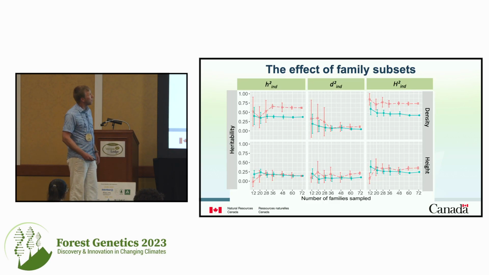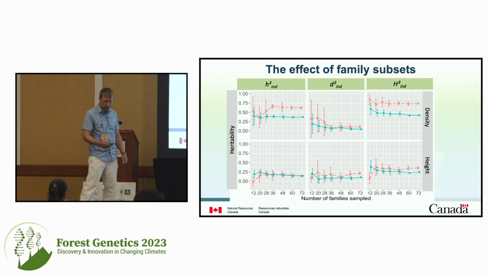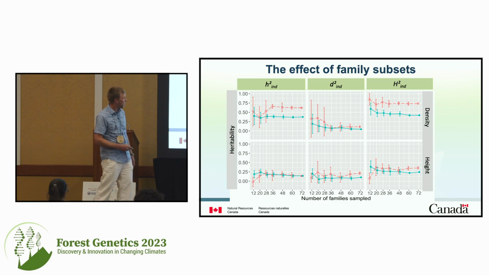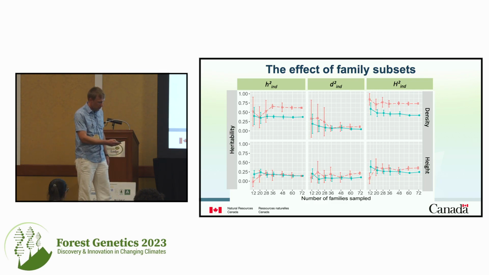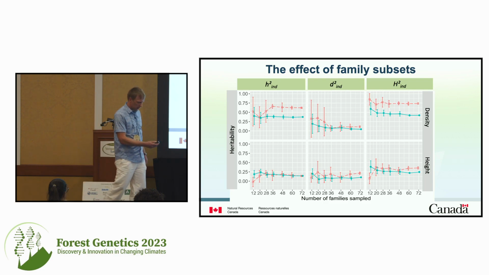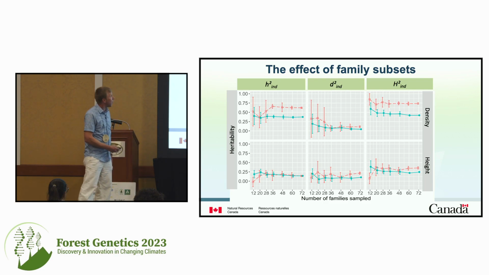What is happening when we are looking at different subsets of families? So what I'm showing here is, again, height and wood density: narrow-sense heritability, broad-sense heritability, and the dominance component here in the middle. So different subsets of families, from 12 families to 72, in this graph here. The red is the pedigree-based, and the bluish-greenish one is the GBLUP-based estimates.